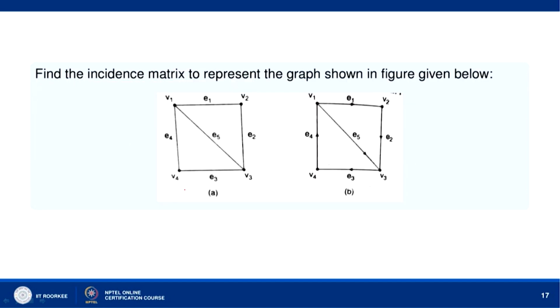Let us say for example, this undirected graph. Let us see for this graph we have the incidence matrix I. We have E1, E2, E3, E4, E5, there are 5 edges, and there are 4 vertices, V1, V2, V3, V4.